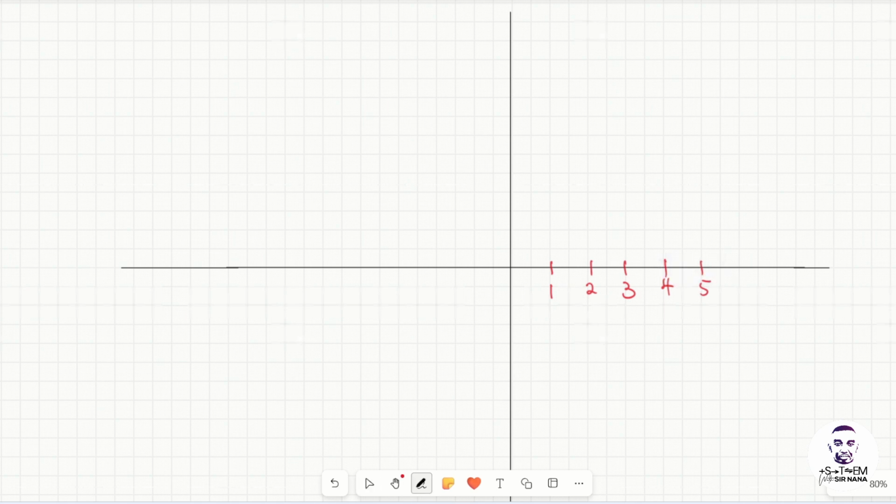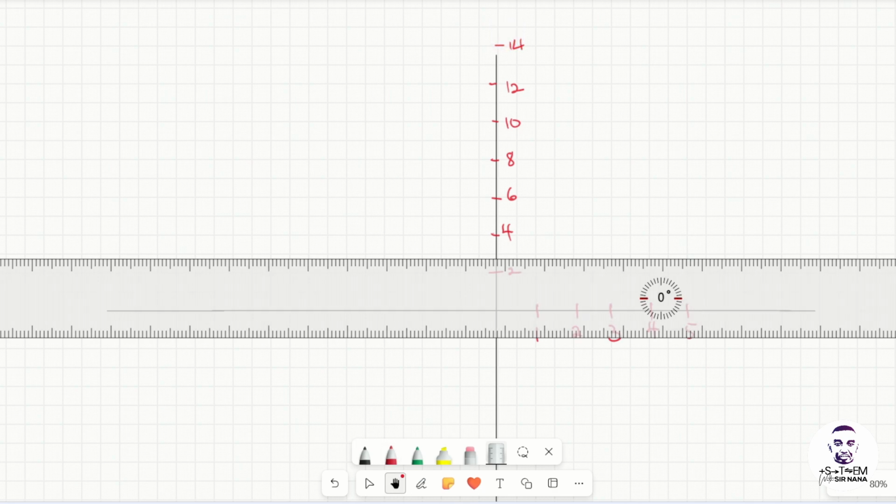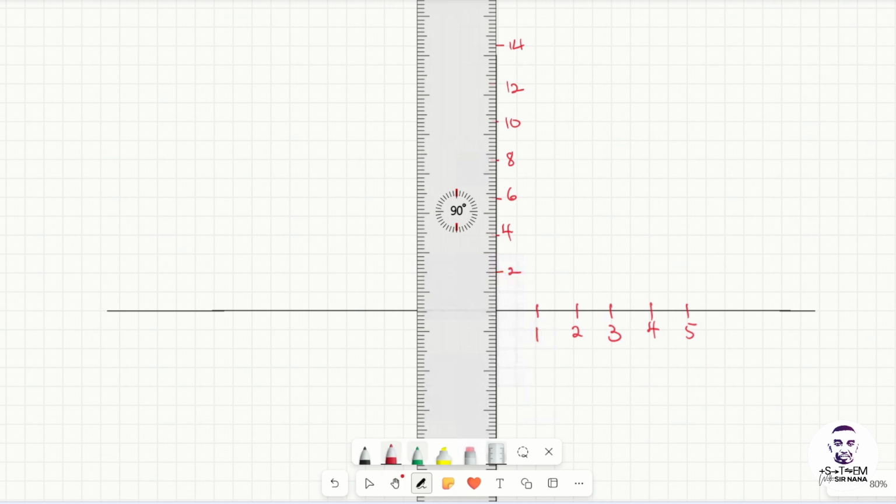And then on the y side, because we have 14, we are going to use 2, 4, 6, 8, 10, then 12, right? Because we have 14, we need to move this down a little bit. Then we have 14, right? So we'll use a ruler to extend the line here, right? So let's use the black.